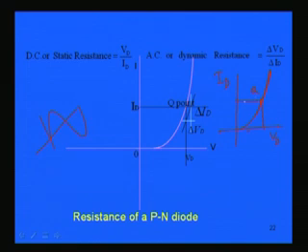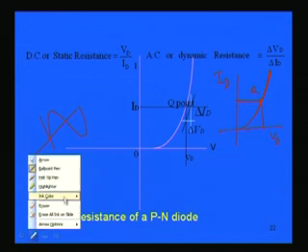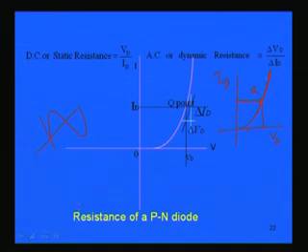But if we apply a variable voltage like a sinusoidal voltage, then we will have to find the dynamic resistance. How do we find it? You draw a tangent at the point where you are operating the diode, and at two points on the tangent you find the difference in voltage and the difference in current.